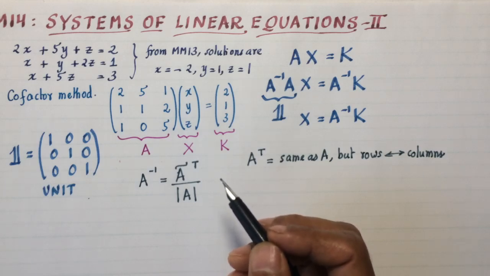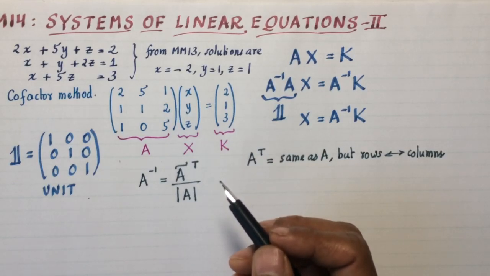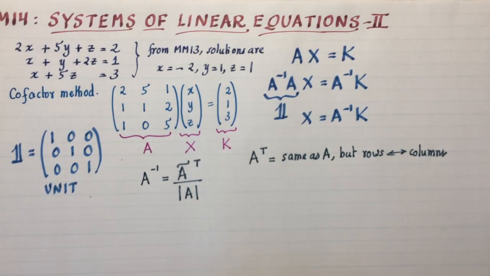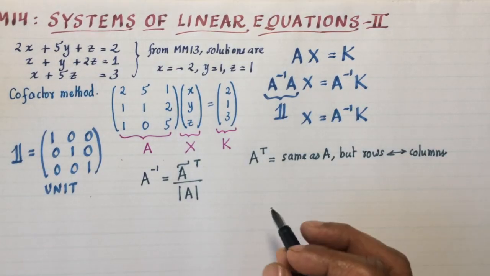To explain what the cofactor is, it might be more appropriate to talk about it in terms of a simple example. You have to first form what's called a minor.